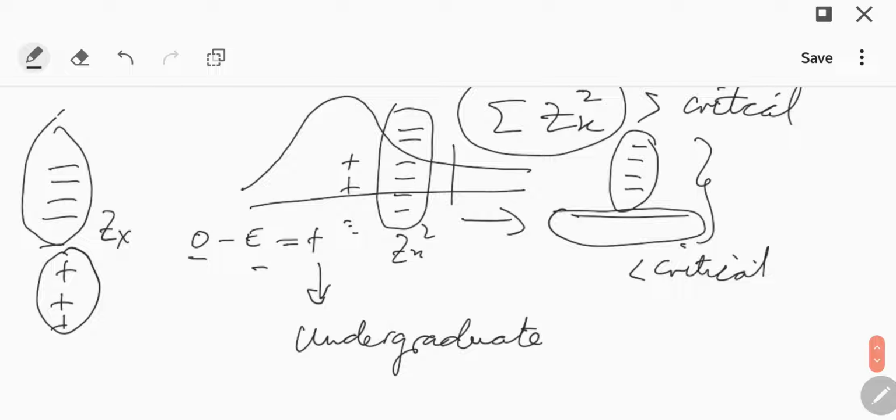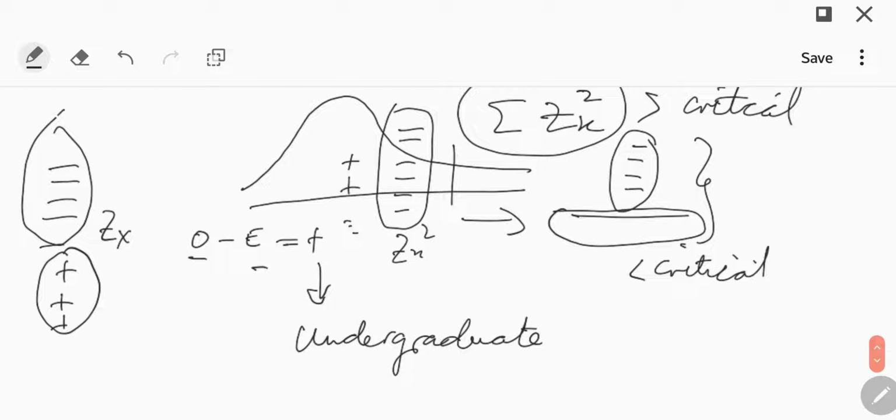But what we're saying is that three major drawbacks can occur, one of which I've already highlighted. Some large deviations may be overlooked because many other deviations are very small, or probably the entire data may be overgraduated or undergraduated, and overall sigma z squared may not be greater than the critical value.